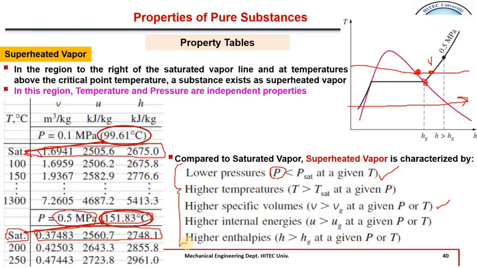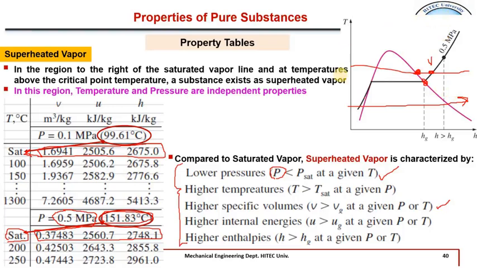Right. So now we have learned about the saturated properties, how to read saturated liquid and saturated vapor properties, and how to calculate the thermodynamic properties within the dome or in this mixture region. And now we have also studied how to read the thermodynamic property table for the superheated vapor region.